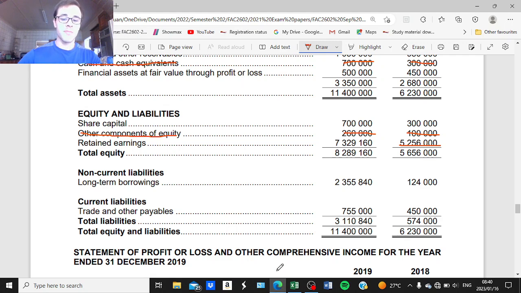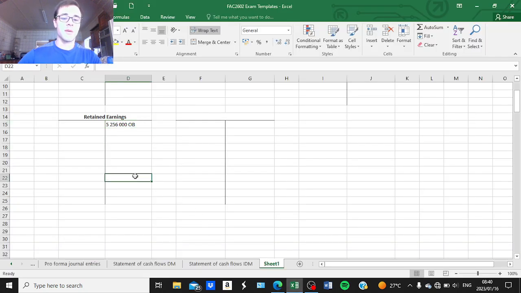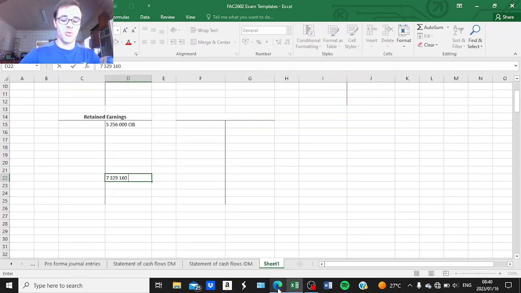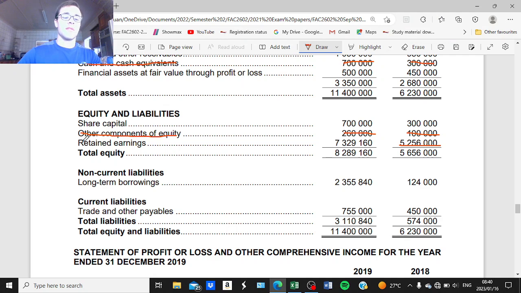And the closing balance for retained earnings was 7,329,160 Rand. So 7,329,160 was the closing balance, which was carried over from the debit side in order to be reflected as a credit balance.